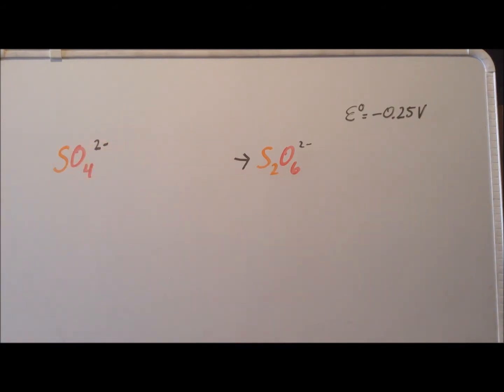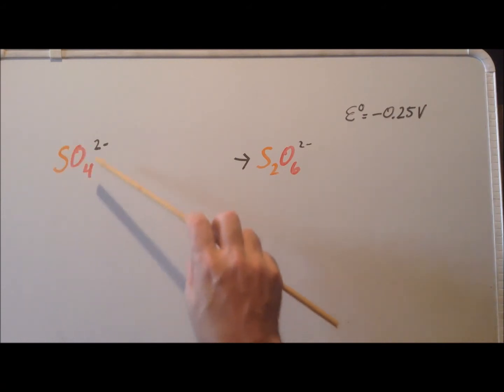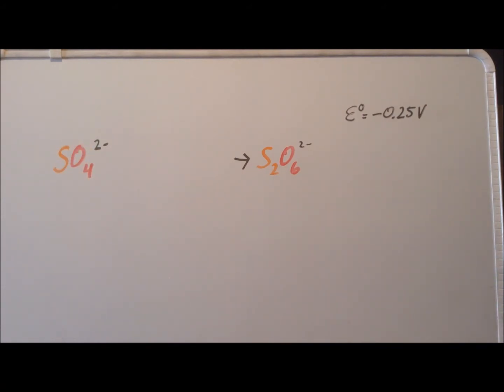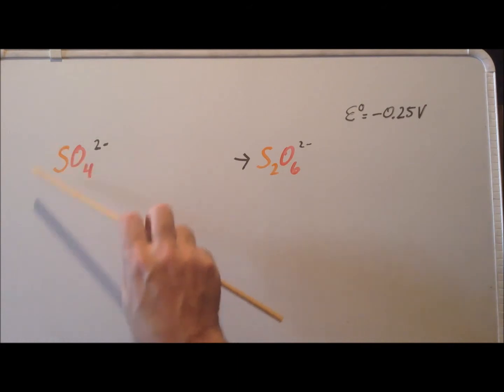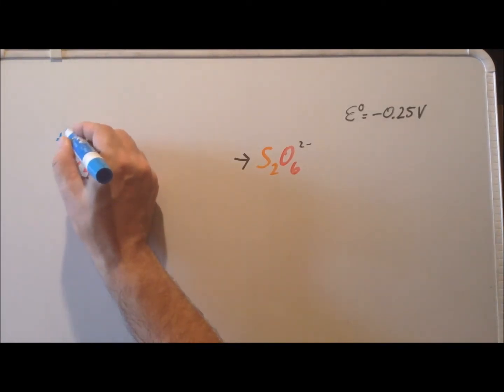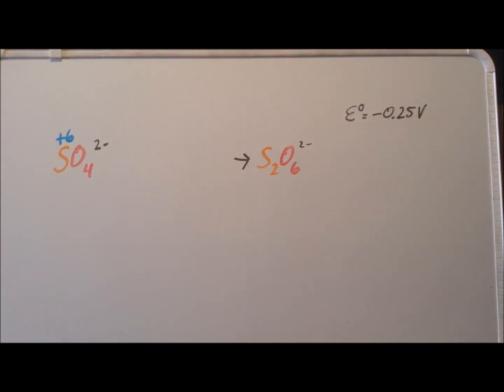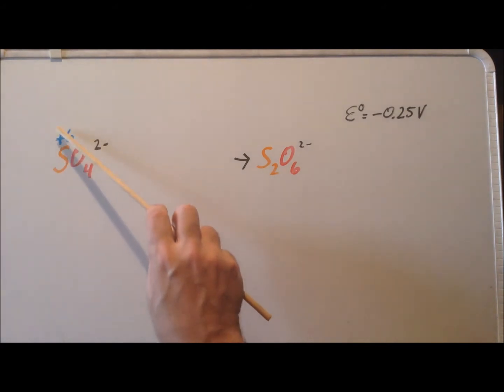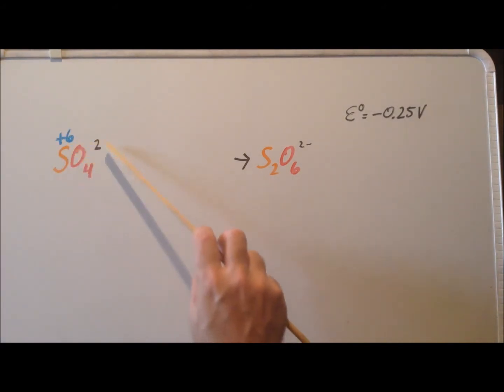When we add the oxidation numbers together for an ion, the sum has to equal the charge on the ion. So if we add up the minus 2 oxidation numbers for each of the oxygens to minus 8, plus the value for sulfur, this has to equal minus 2. The only way that is possible is if the oxidation number of sulfur is plus 6. And this is the highest common oxidation number of sulfur. We double check: 6 plus minus 8 gives minus 2.